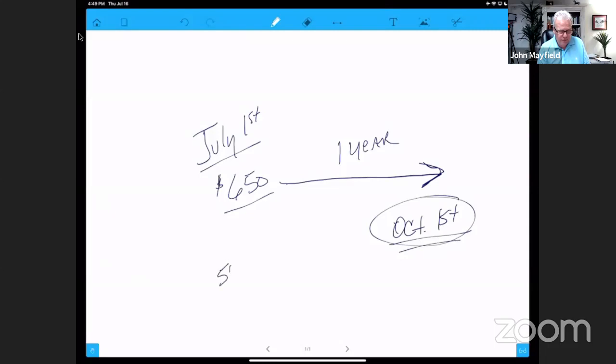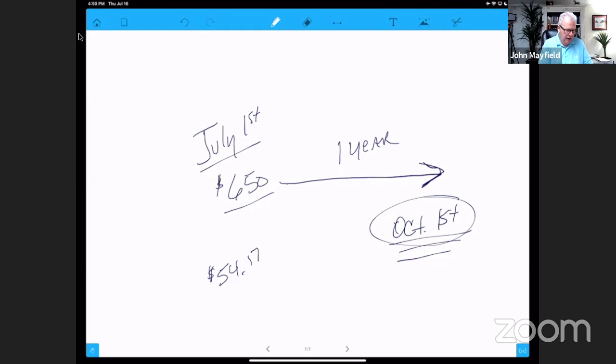That's $54.17 per month. Well, if you're closing on October 1st, you have October, November, December, January, February, March, April, May, June. You have 9 months of dues that you ought to get refunded from the buyer. And the buyer needs to pay for those 9 months because they're taking over.